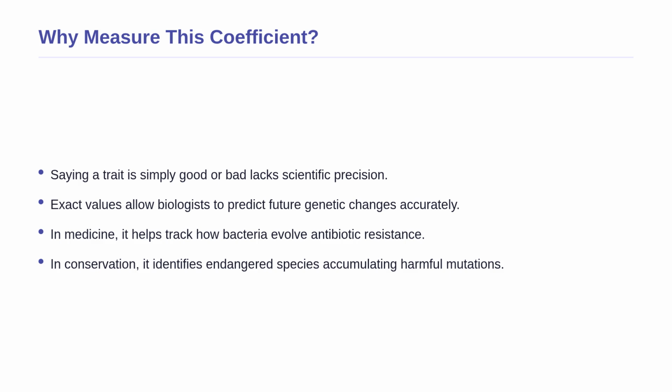By calculating the exact value, scientists can predict exactly how many generations it will take for a harmful genetic disease to disappear from a population. In the real world, this is incredibly important in medicine, where doctors use it to understand how quickly bacteria are evolving resistance to antibiotics. It is also vital in conservation biology to save endangered species.